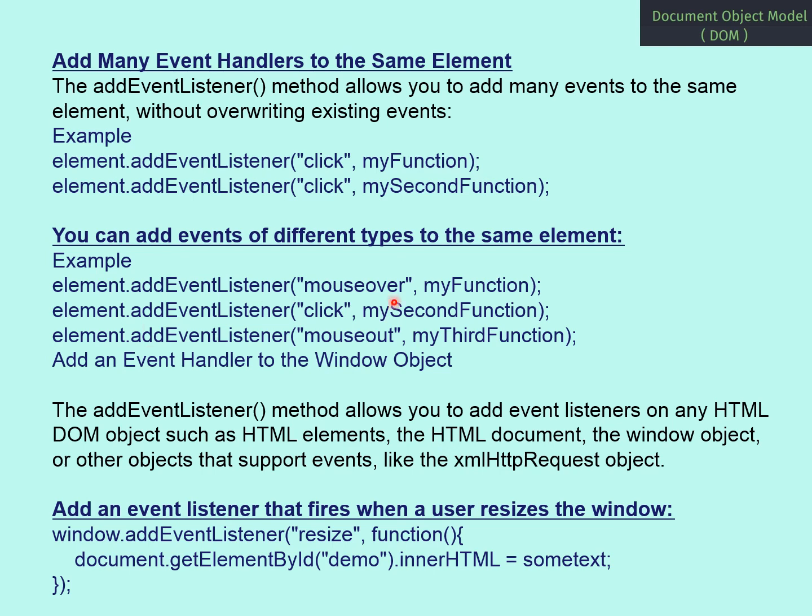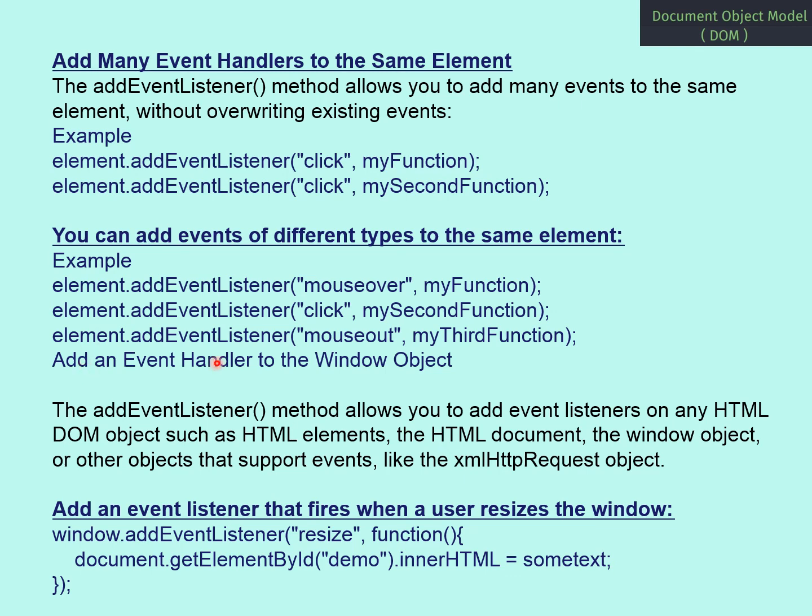The first event happens whenever the mouse is moved over that element, and myFunction will be invoked. Whenever a click happens on the element, mySecondFunction will be invoked. Whenever the mouse moves out of the element, myThirdFunction will be invoked.